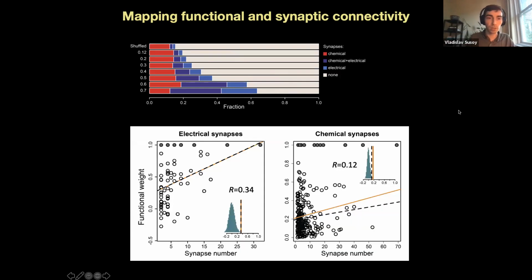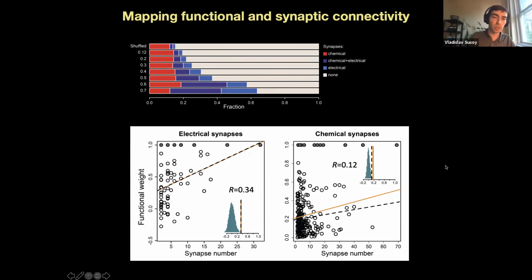And we can also look at simple correlations between the number of synapses and correlations in activity. And the correlation is there, but it is not very strong, and it is slightly stronger for the electrical synapses than for the chemical synapses.